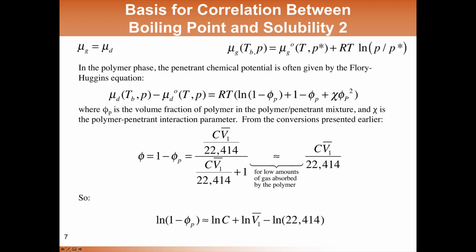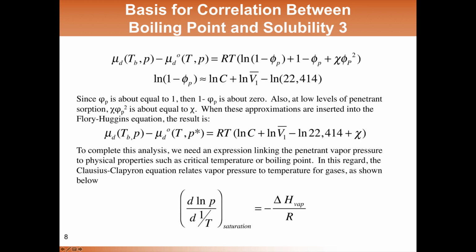We then put that result back in the expression for the volume fraction of solvent that appears in the Flory-Huggins equation, and we get this result, which we'll use here in just a moment. And so we can write the chemical potential of the penetrant in the dissolved polymer.